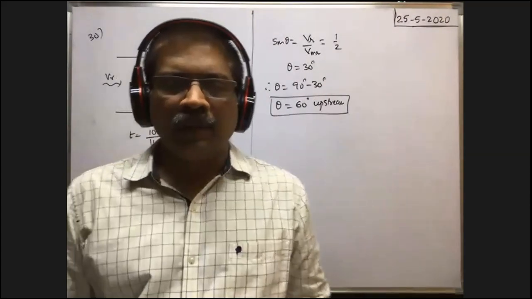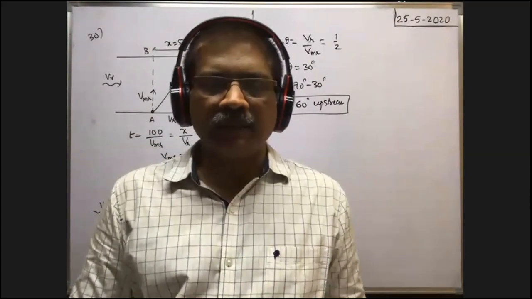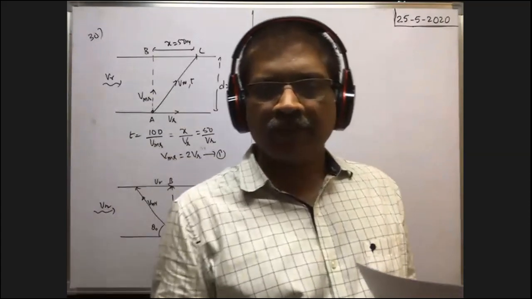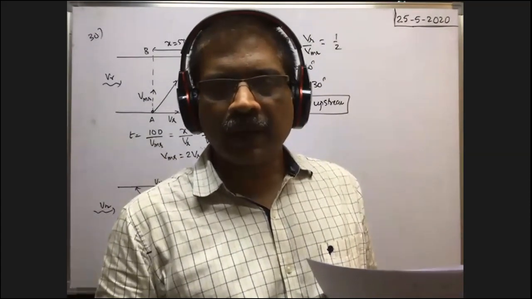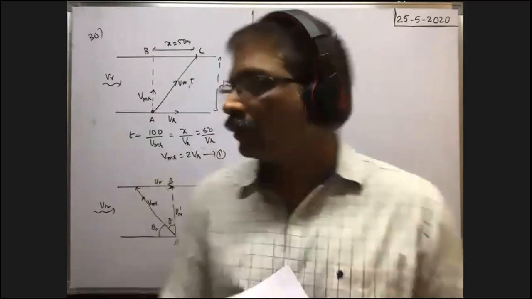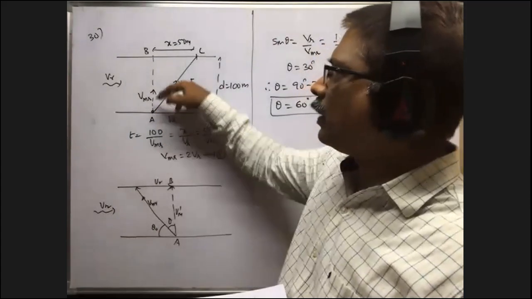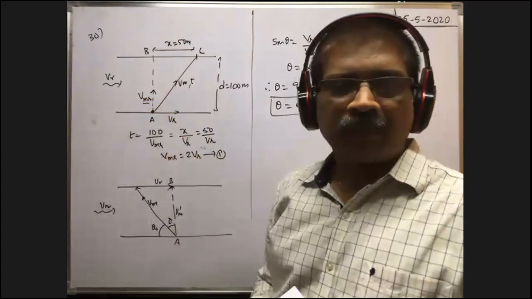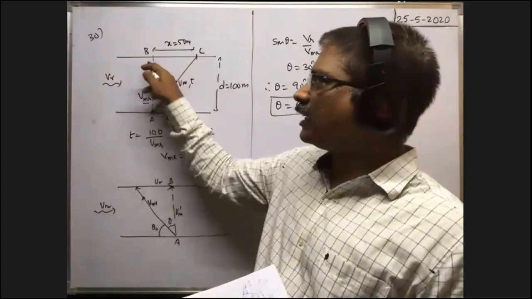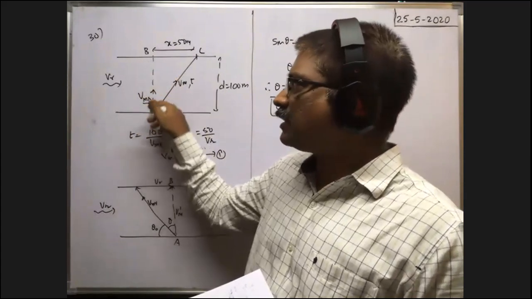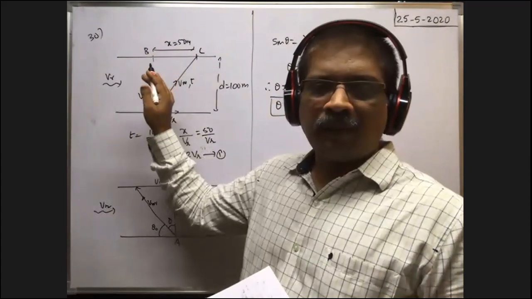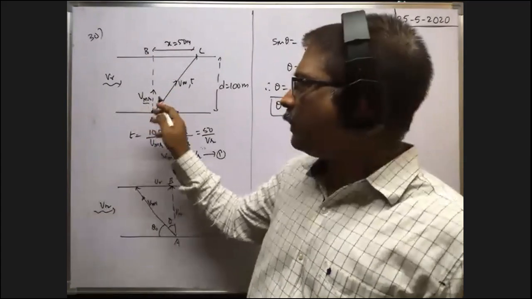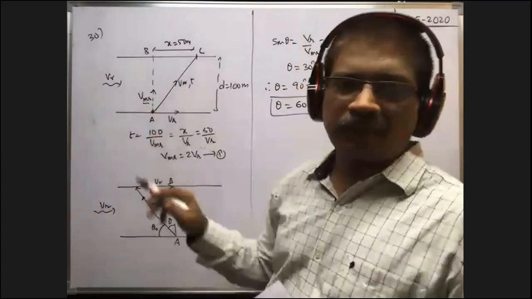Okay, here in the first case, man travel along the path AR, then VM is along the path. No, as the man travel along the path AB, it is the velocity of the man with respect to river. A man swims along this direction means velocity of the man with respect to river is along this direction. But actually, from the ground, when you see, man seems to be travel along this path, not along this path.